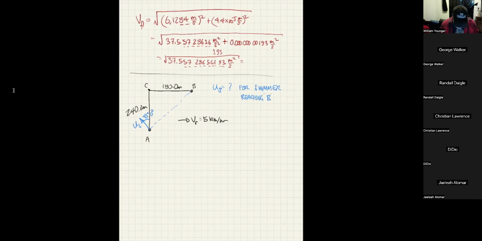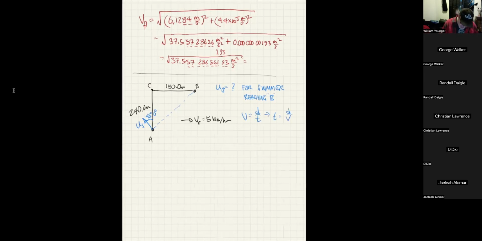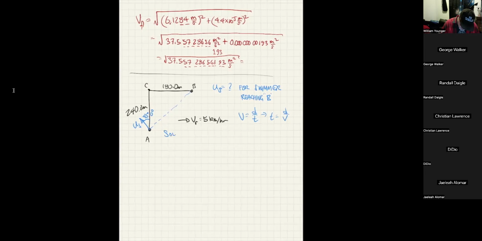So what I did was I used the idea that velocity is equal to distance divided by time, to realize that time is actually distance divided by velocity. So if I look at just the A to C part, here's our solution.